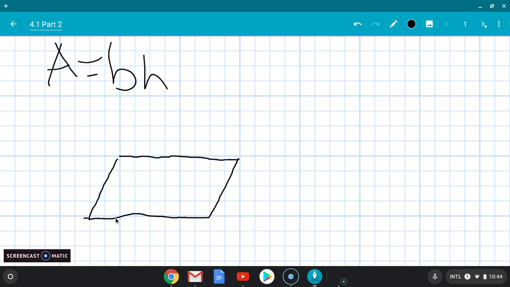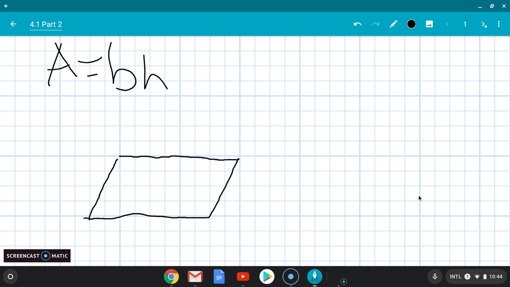In this case, let me count off the base. I could use this bottom base or the top base. It doesn't matter which. Ignore the fact that this line isn't totally straight. I'm drawing it with my finger on a touchscreen once again. We're just going to count boxes. 1, 2, 3, 4, 5, 6, 7, 8. The same thing here, 1, 2, 3, 4, 5, 6, 7, 8.